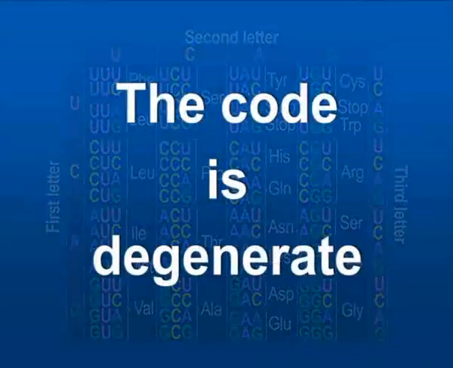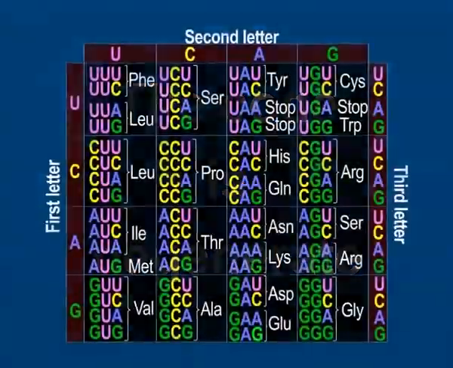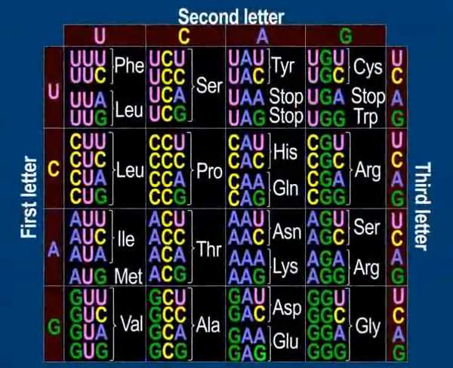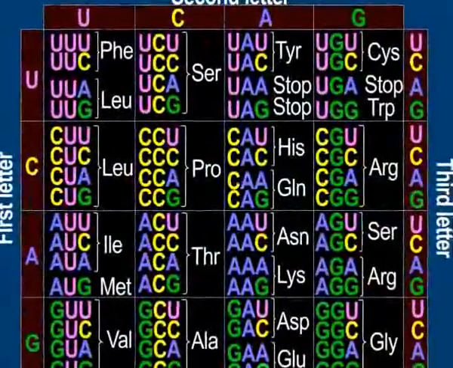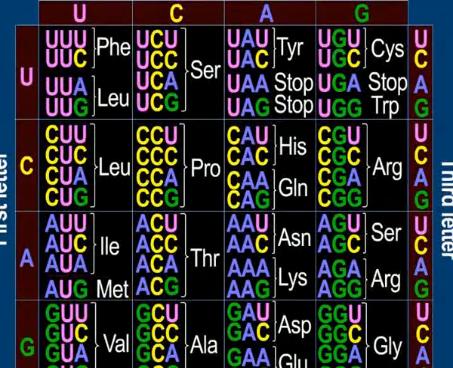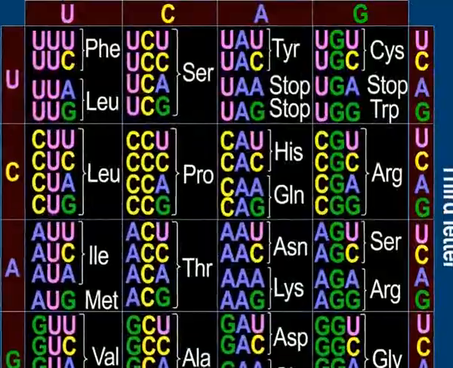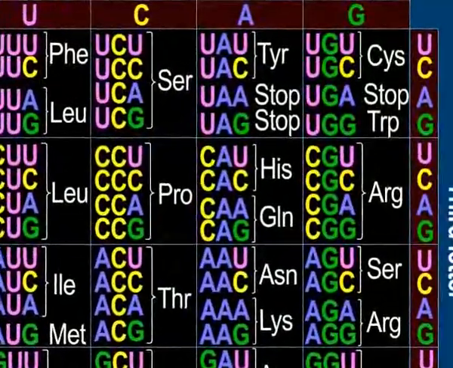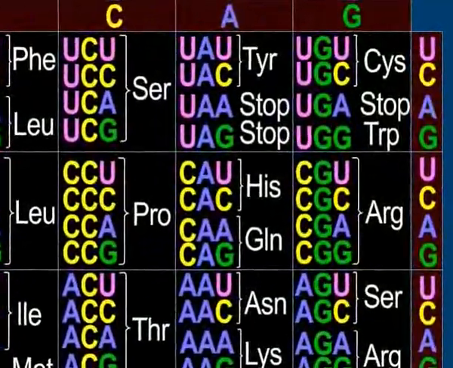The code is degenerate. Most amino acids are coded by more than one codon. In fact, only methionine and tryptophan are coded by a single codon. One amino acid may be coded by more than one codon.